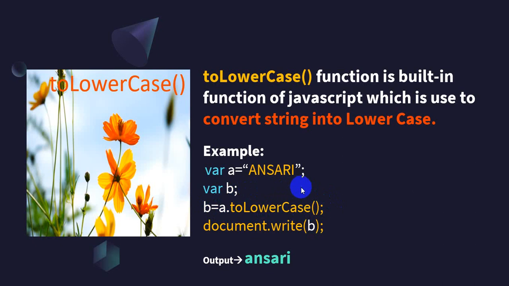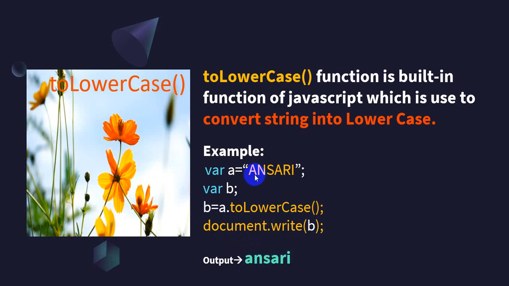The result of this expression will be stored inside variable b. After that you are going to display the value with document dot write b. Inside b you have the resultant value, and now you want to display that result. So you will get the output Ansari in small letters.